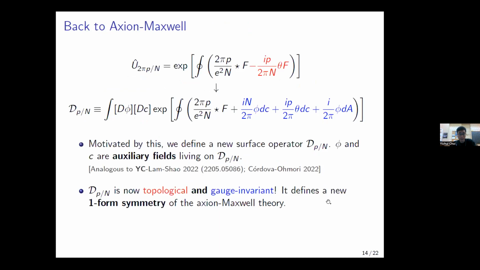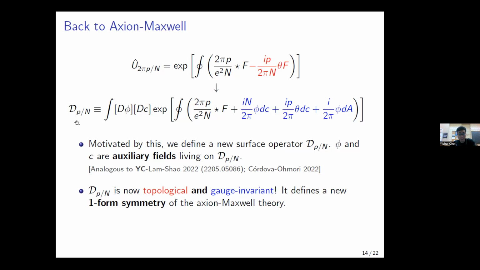Motivated by this, let me define a new surface operator in the axion-Maxwell theory, which I denote as D_{p/n}. This D_{p/n} is obtained from the previous U-hat operator by replacing this red non-gauge invariant expression by this blue expression, which was perfectly gauge invariant. Here, phi and c, you should think of as auxiliary fields living on this surface operator, which are there to cancel this non-gauge invariance, essentially.